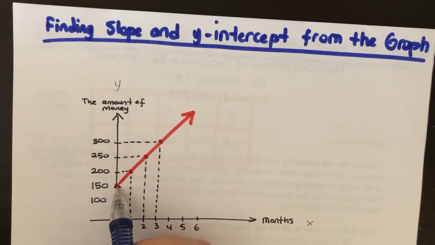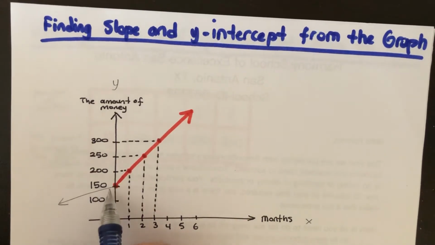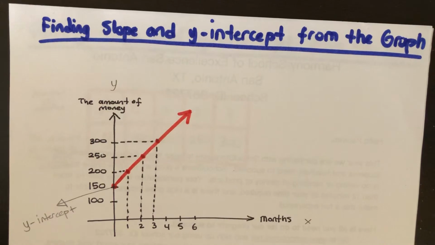That point is my y-intercept point, 150. So in this story, at the beginning of the situation, he or she has $150 in his or her bank account. That money is the y-intercept. Okay.